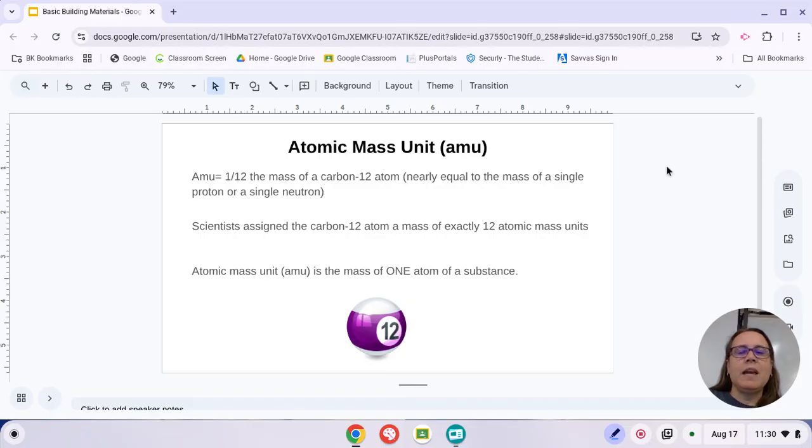All right, and then the most common form of atom also has 6 neutrons. So in the center of that atom, we have 6 in one particle, 6 of the other, so we have 12 total. 6 by 6 is 12. And so if we take 1/12 of that, then essentially we're taking the mass of just one of those particles in the nucleus. Okay, so this is just how they defined what an atomic mass unit is.